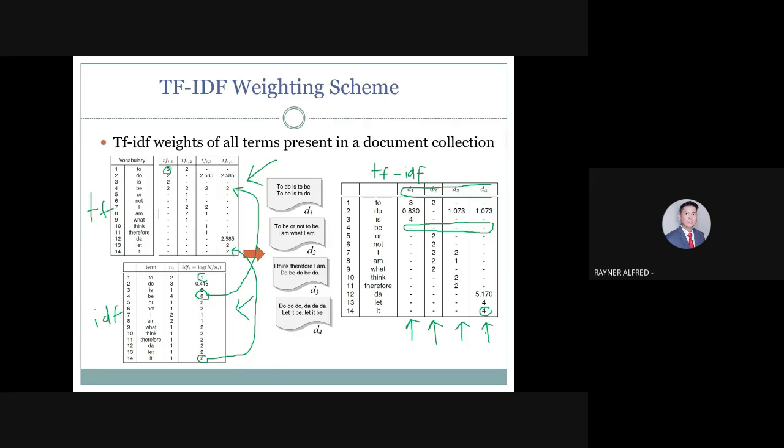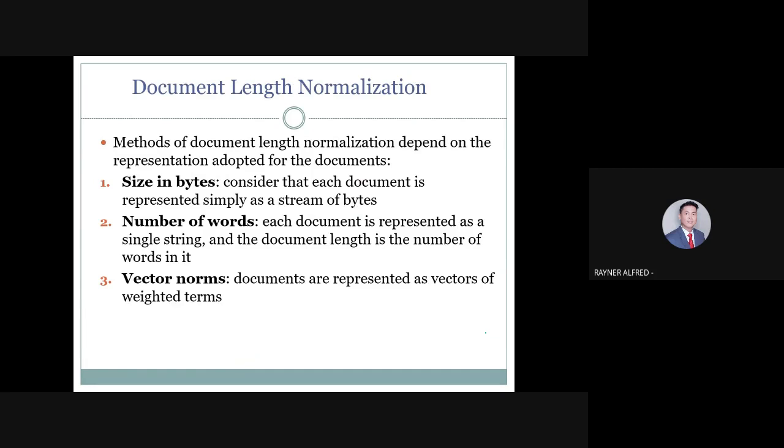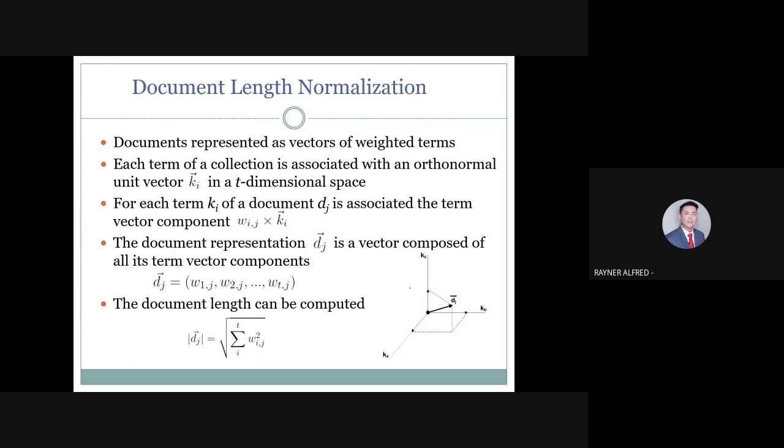We can compute the length of the document by computing the size. Given the weightage that we have here, we take the square of each weightage and sum up all of them.